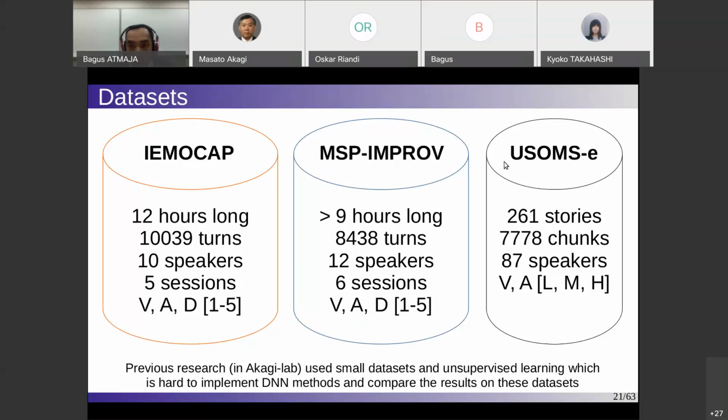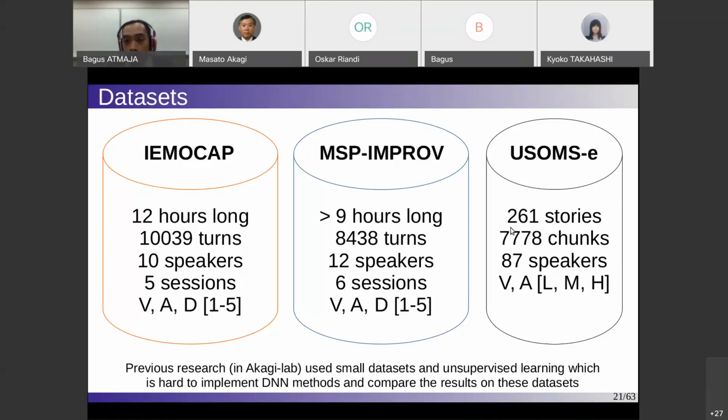And the last dataset comes from last year's Interspeech Challenge, the USOM dataset. It is a dataset from a hospital in Germany, I think. And it contains 261 stories. Each story is divided into many chunks, since one story is a long utterance.